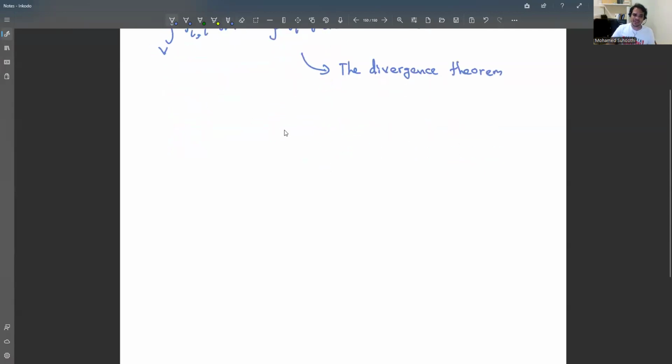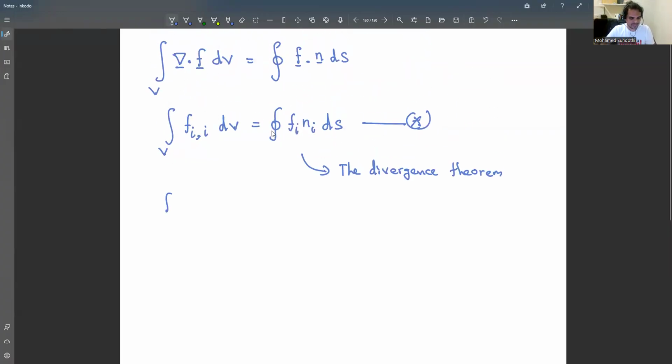The same way, with the divergence theorem, previously f is a vector. If f is a scalar function, then the same theorem we can write like this.